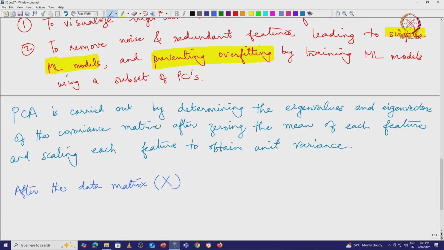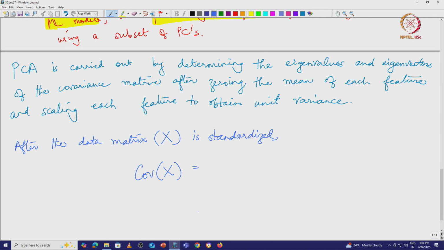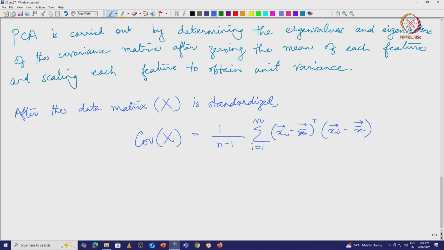So, after the data matrix is standardized, right, we can compute the covariance matrix, and this was derived in one of the previous lectures, is basically 1 over n minus 1 sum over the data points i going from 1 to n of (xi vector minus x bar vector, the vector of sample means) transposed times (xi vector minus x bar vector), right. So, this is the way to obtain the entire covariance matrix.